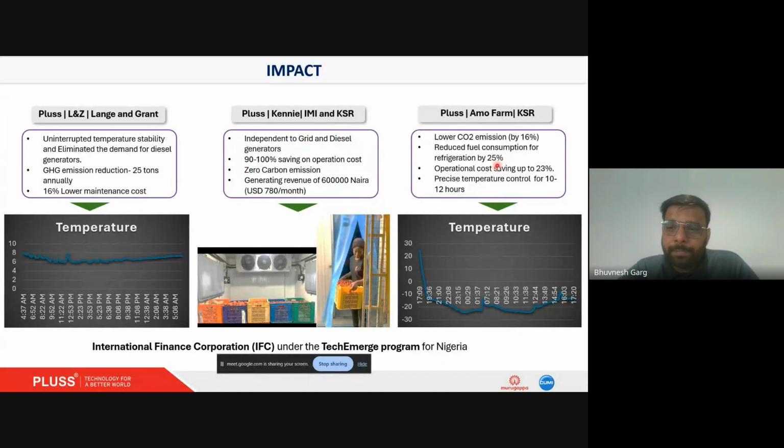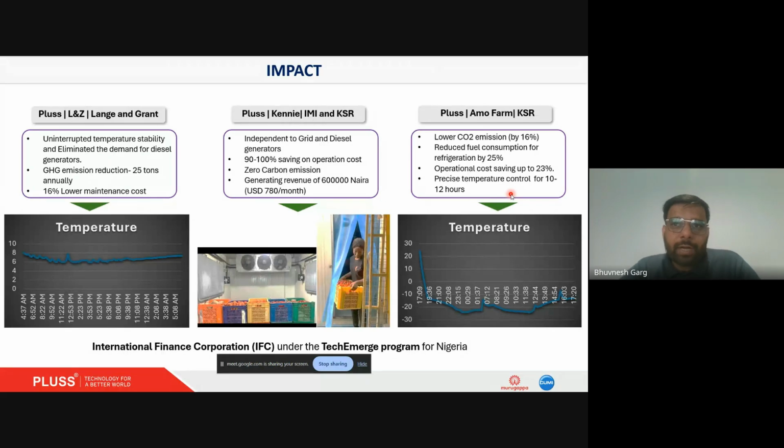Then with the refrigerated truck, we are able to reduce the operational cost by 23%. How are we able to do that? Because normally refrigerated vans or trucks' compressors run with diesel fuel. So there is a fossil fuel which is running your compressor while the truck is also running.